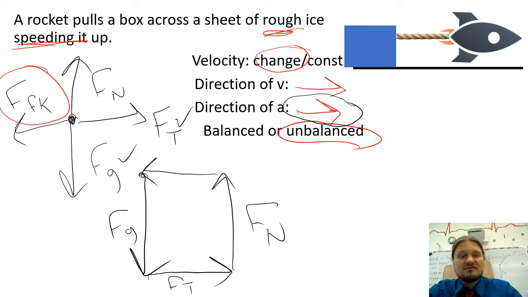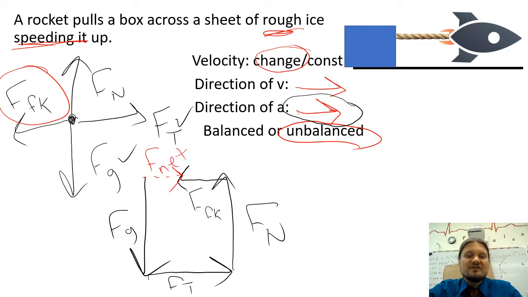But the forces here are not balanced, so there has to be a gap that I can fill in with an arrow pointing directly to the right. The way I do that is I draw my friction vector a little shorter than the tension vector. That leaves this gap that can be filled in with an arrow that points directly to the right. I'll fill that in, and that is my net force.